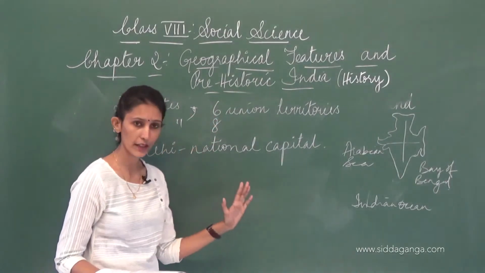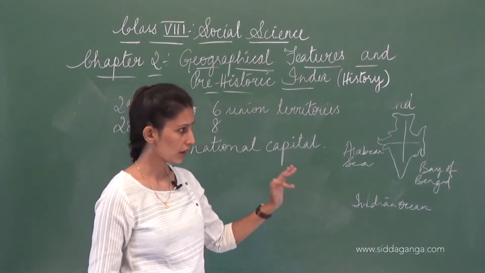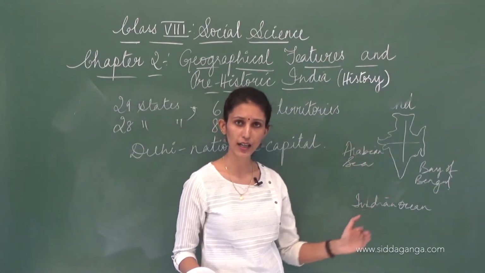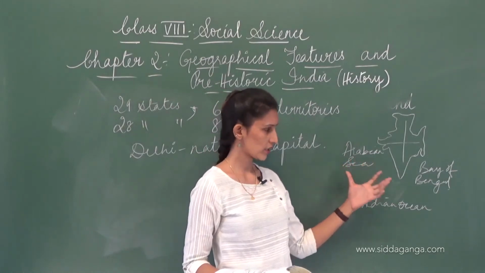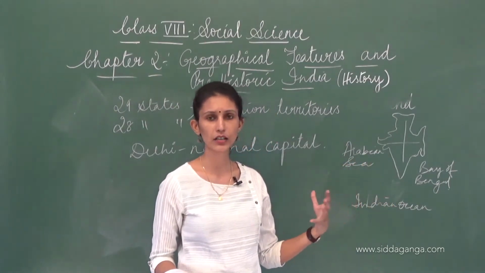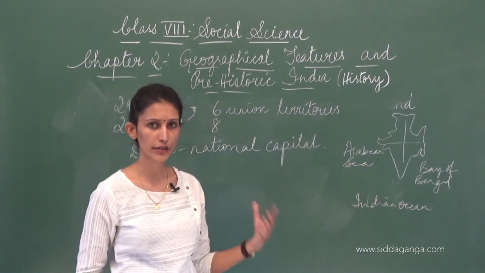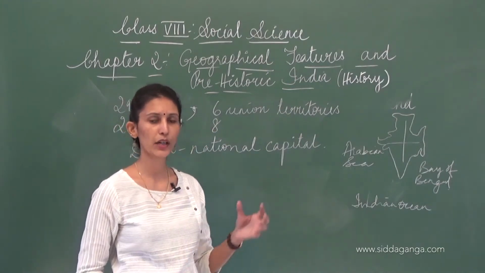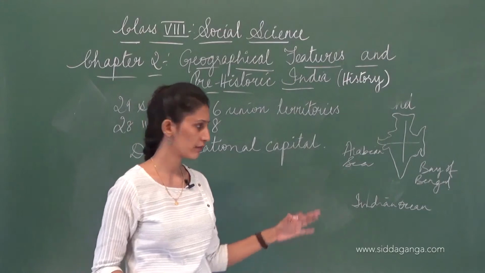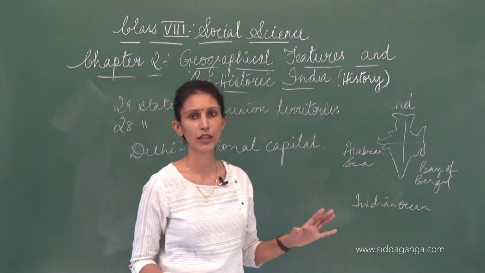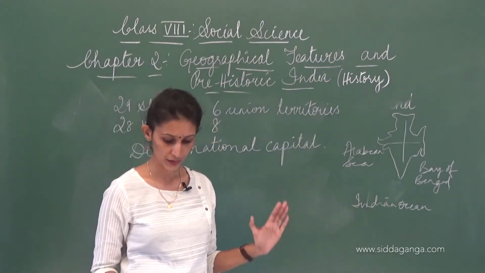Let me brush it up again for you. Now, we need to know what our features are, we need to know our directions. India belongs to the continent of Asia and it's called a subcontinent because it takes a larger part of the land, and it is covered by 3 water bodies and that is why it is a peninsula. Alright.